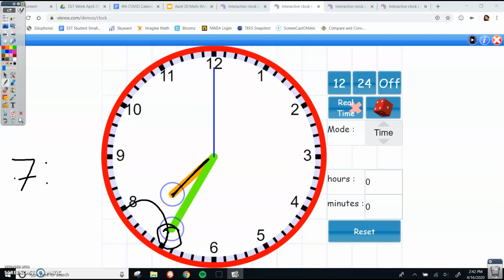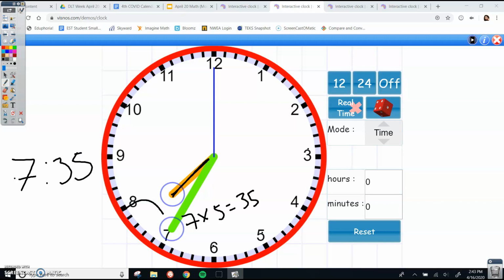And then instead of counting 5, 10, 15, 20, 25, 30, 35, all you have to do is look at where the minute hand is pointing. The minute hand is pointing directly at the 7. So all you have to do is 7 times 5 equals 35.